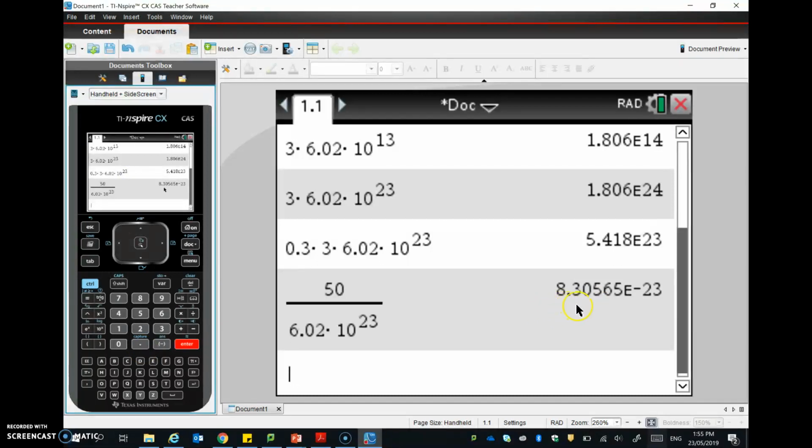That's 8.30565 by 10 to the negative 23. So that would mean we would shift the decimal place to the left 23 spots. There'll be about 22 zeros between the decimal point and the first digit. So it's a very, very small number of moles of cars.